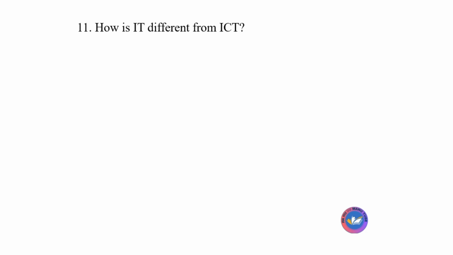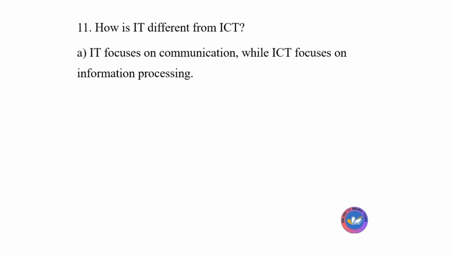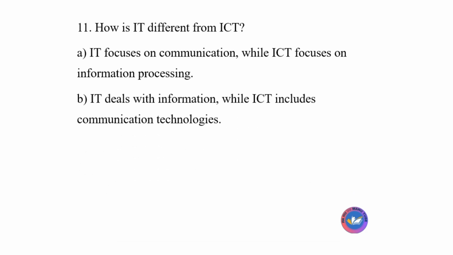Question number 11. How is IT different from ICT? A. IT focuses on communication, while ICT focuses on information processing. B. IT deals with information, while ICT includes communication technologies. C. ICT and IT are the same.